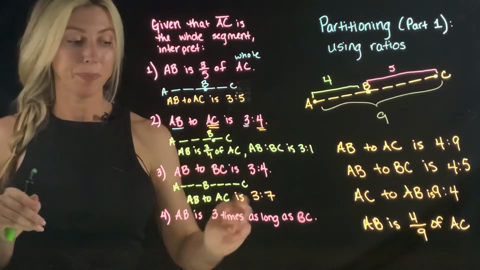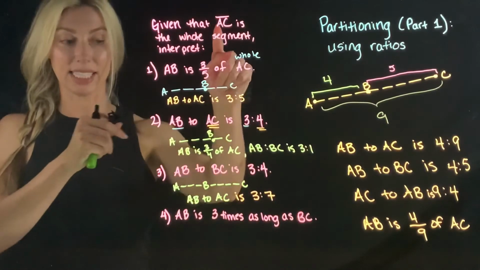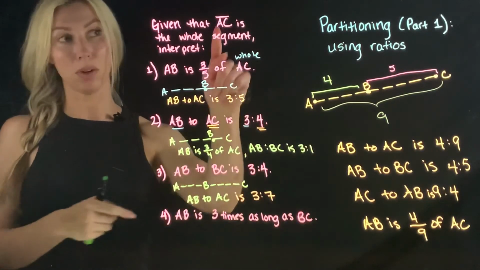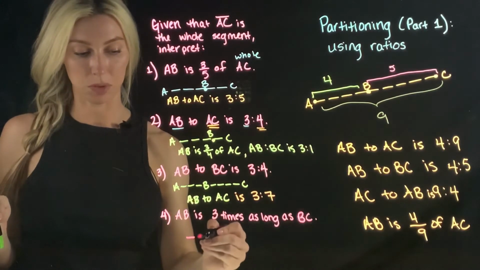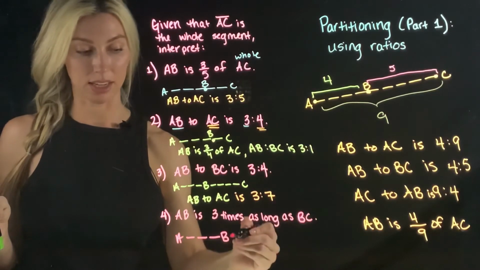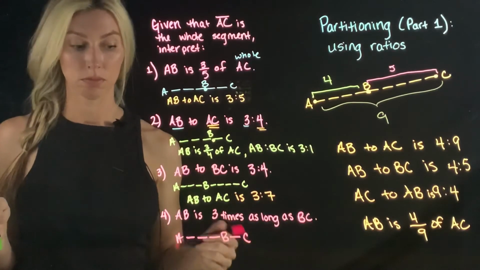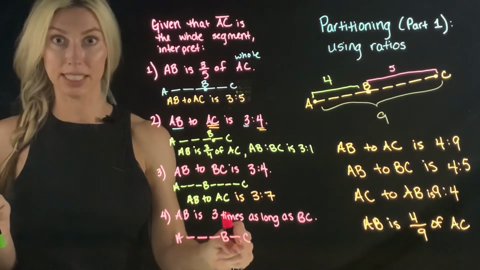So if AB is 3 times as long as BC, now in none of these do we have AC. Either AB or BC, those aren't the whole thing. So you could draw it where AB gets 3 sections, so that's from A to B, and then BC just gets 1 section, because from A to B would be 3 times the amount of BC, which is 1.